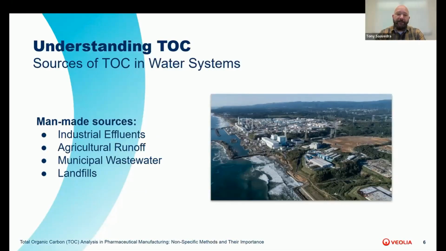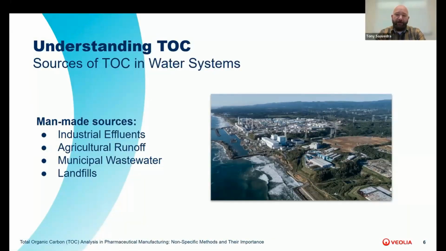Another source of TOC is produced by us, right, humans. The first is industrial effluents. The wastewater from industrial processes often contains organic compounds like solvents, oils, and detergents. A few more include agricultural runoff. Those pesticides and fertilizers from farms can wash into water bodies, influencing algae growth and increasing the TOC.